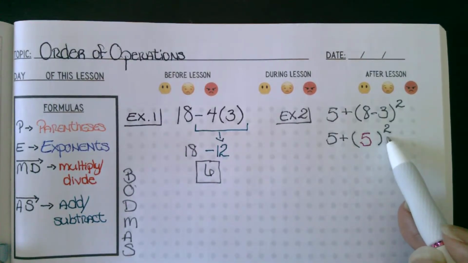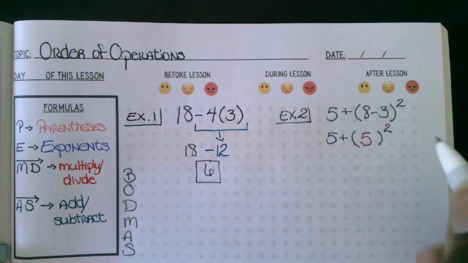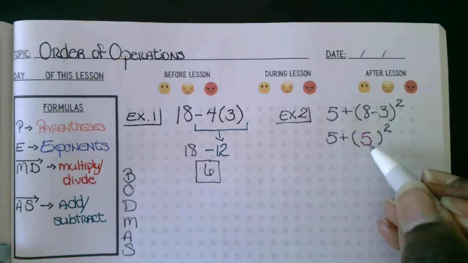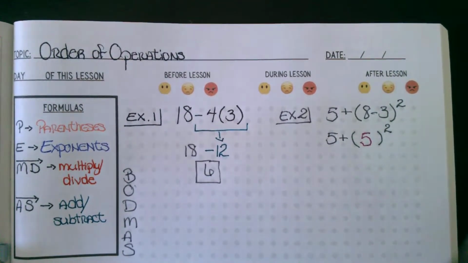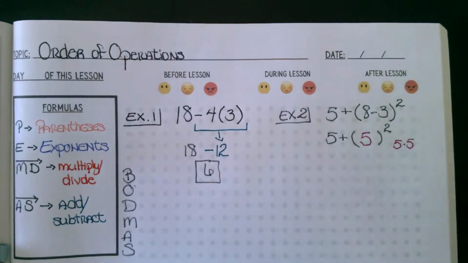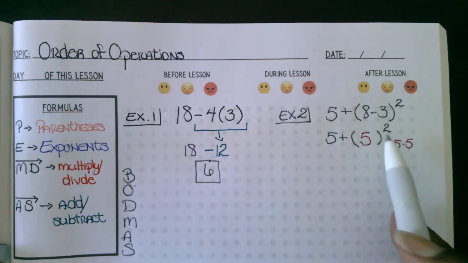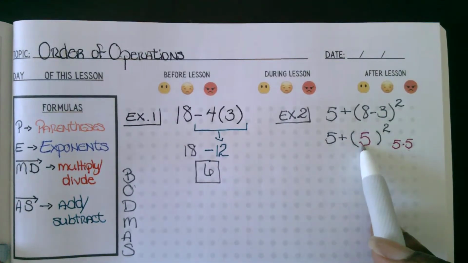And 5 to the second power is not 10, okay? It means that this exponent is telling this base how many times we need to multiply itself. So we need to multiply that base of 5 two times, okay? Notice this 2 is a lot smaller than the 5.